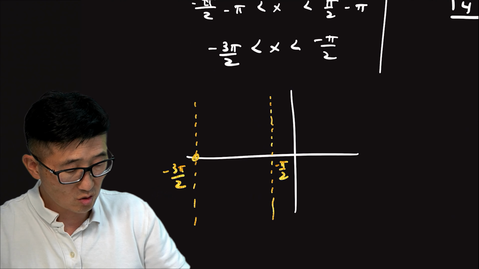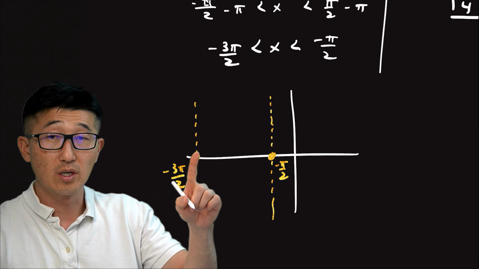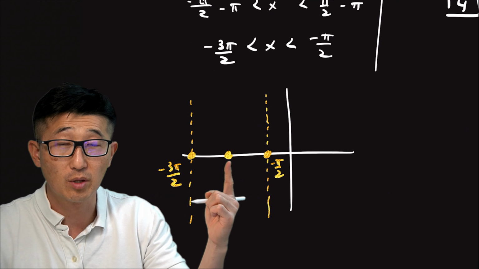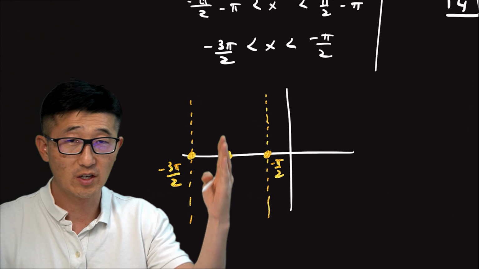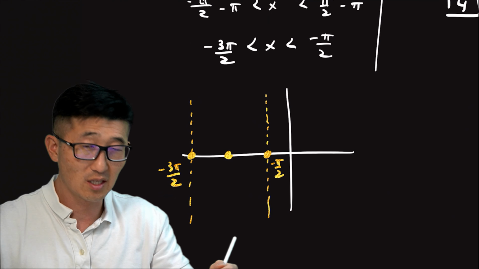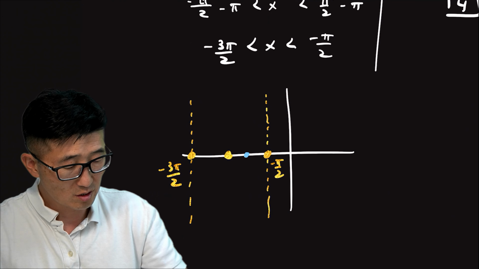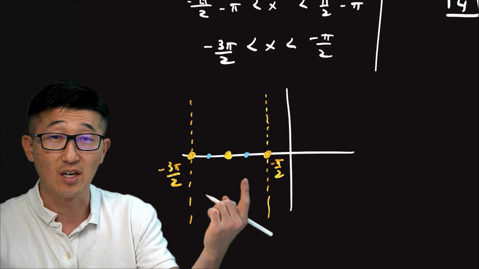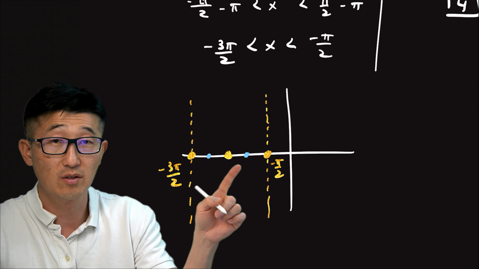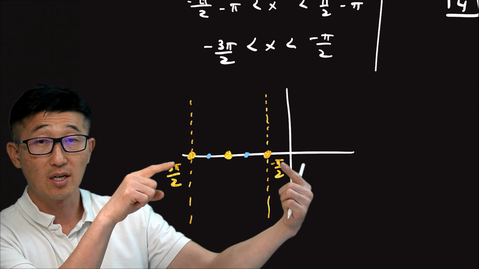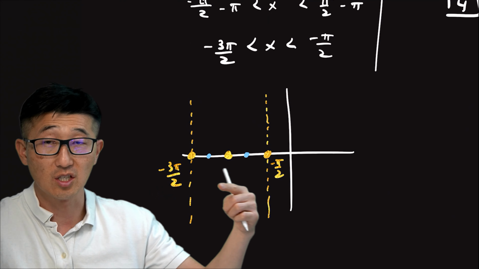So before you do the 3, just always plot the middle one first, just estimate where the middle one is, and then put 2 right next to it. Okay. I'll put this in blue color. So there's your 5 dots. You count it. 1, 2, 3, 4, 5. Okay. So the asymptotes are your numbers that she's going to be expecting.